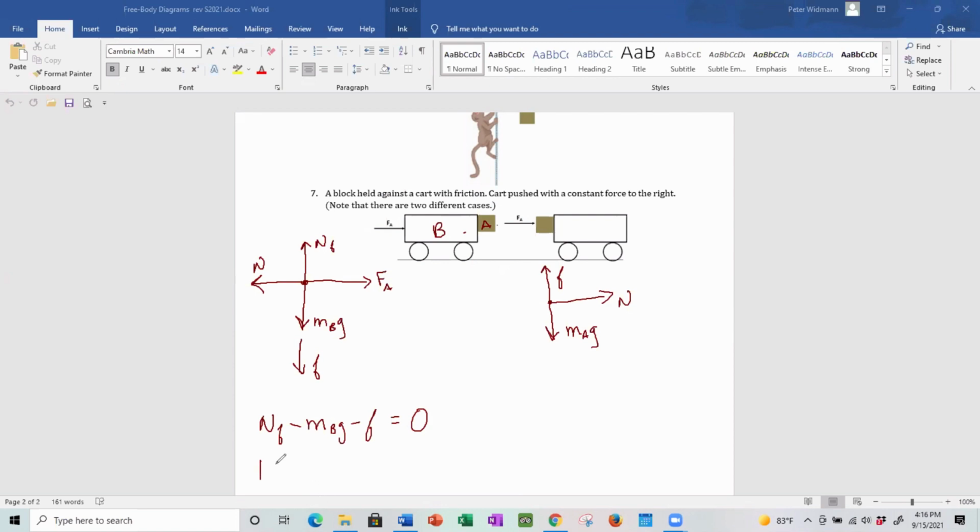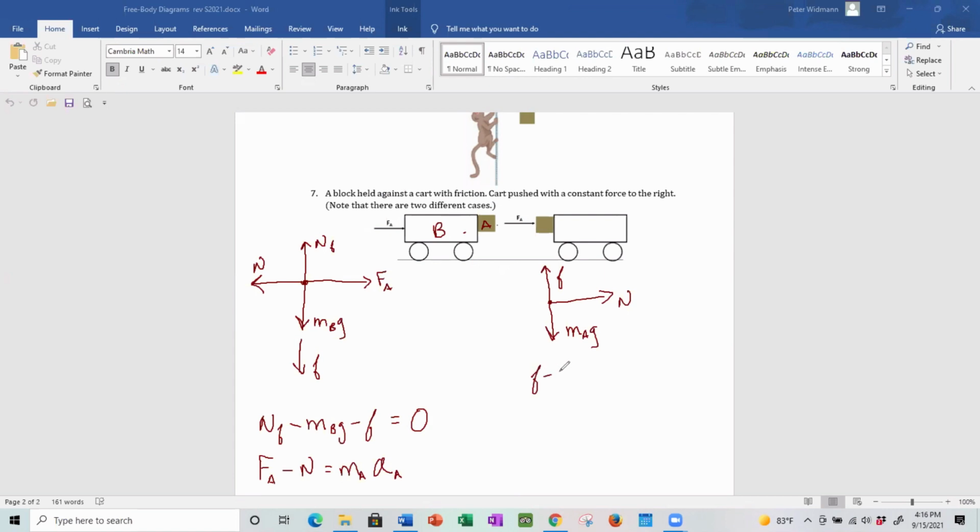Now, in the horizontal plane, I have FA minus N equals MA times the acceleration of A. So it's going to be accelerating to the right. So I can't put 0 there. I've got to put A. A is an unknown.